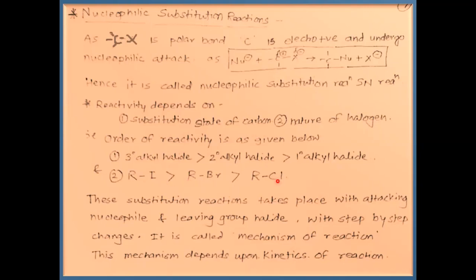In detail, we will see after completing both SN1 and SN2 reaction mechanisms. These substitution reactions take place with an attacking nucleophile and a leaving group halide, with step-by-step changes. It is called the mechanism of reaction. This mechanism depends upon the kinetics of the reaction, that is, the rate of reaction.